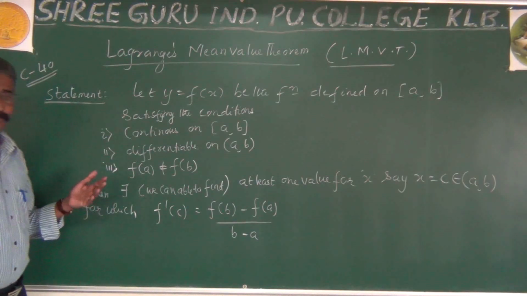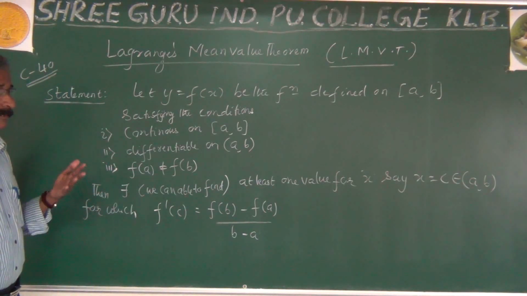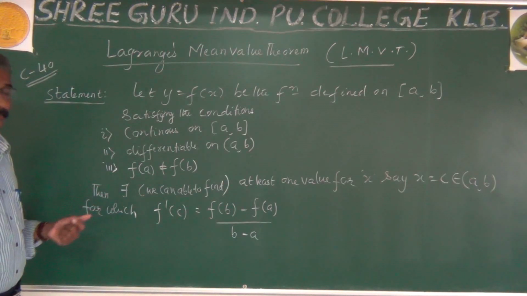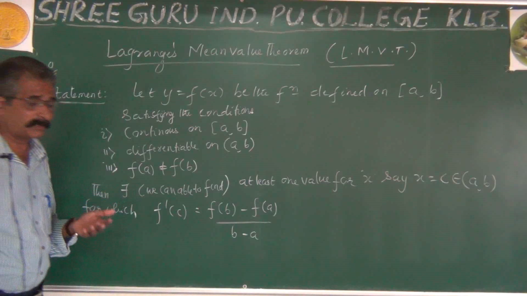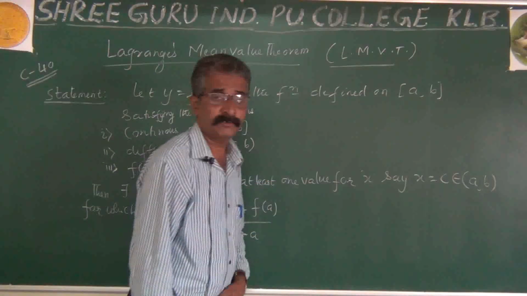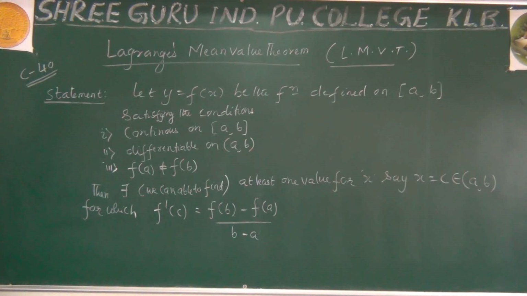We don't have the proof of Lagrange's theorem. Actually, Lagrange's theorem can be proved using Rolle's theorem, but don't bother about that proof, which is not prescribed for the second PU course syllabus.